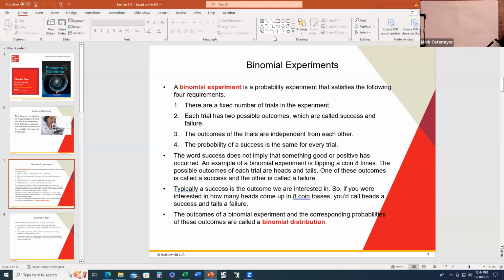That cannot happen with a binomial experiment. So those are the four requirements for an experiment to be classified as a binomial experiment. If just one of them is not satisfied, then we do not have a binomial experiment.